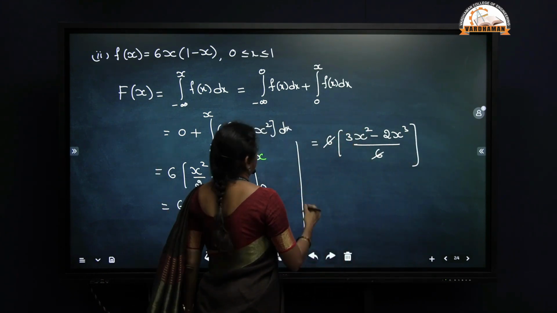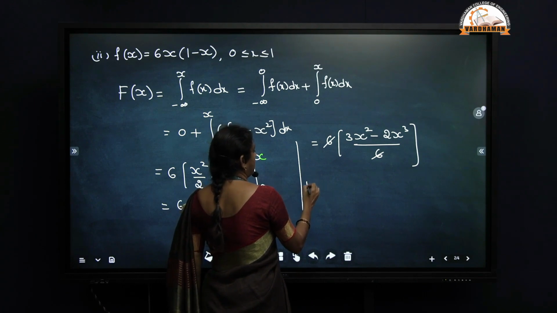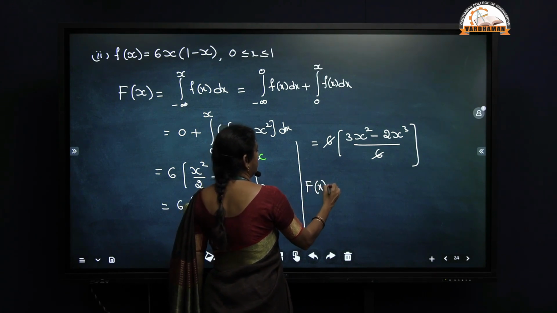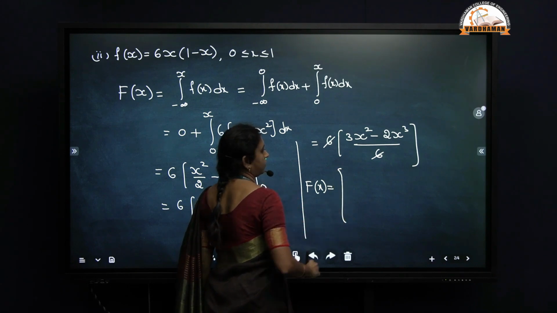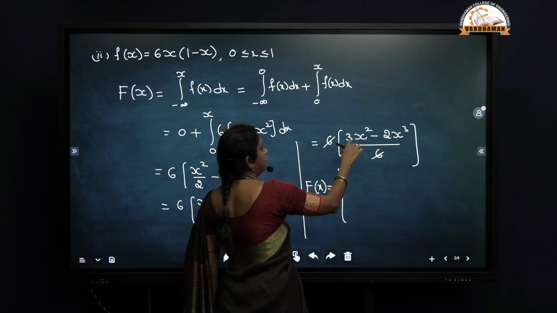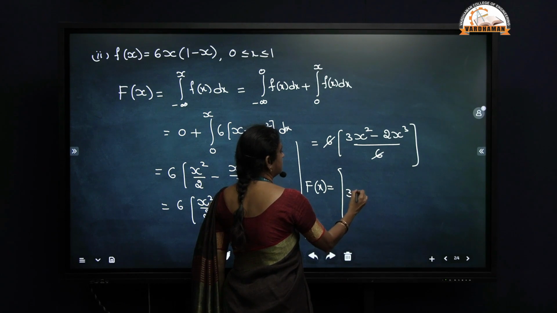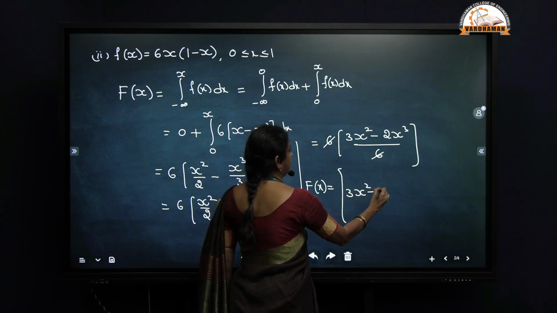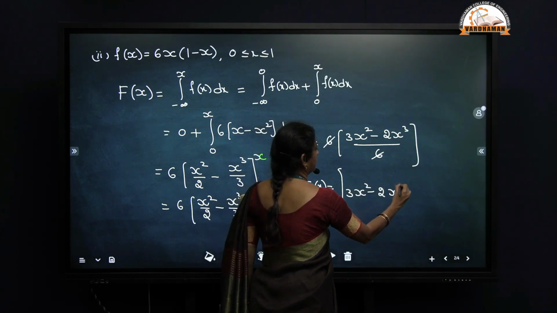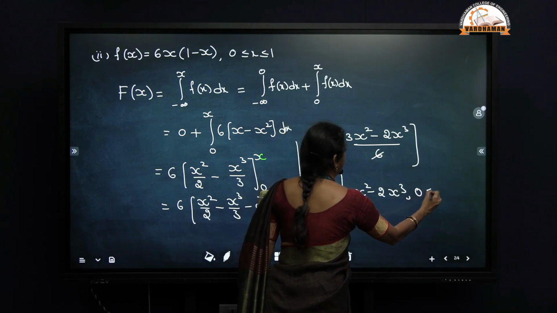So we got F(x). Now I will write down F(x). So F(x) is equal to, in between the interval 0 and 1, the function is given as 3x square minus 2x cube.